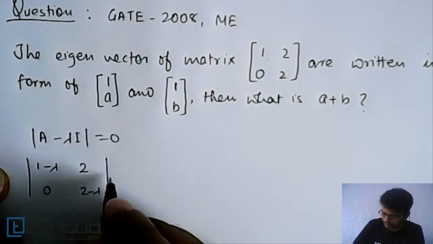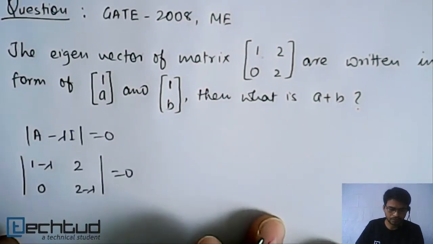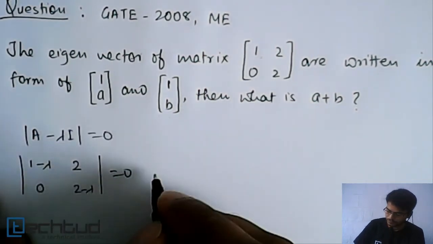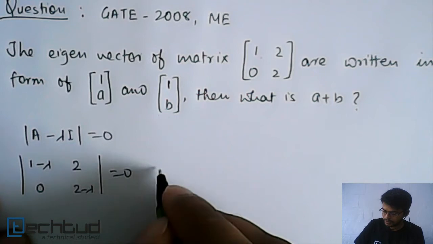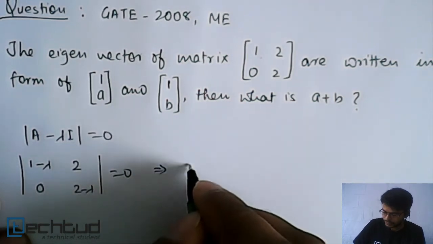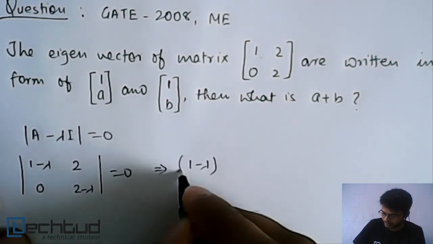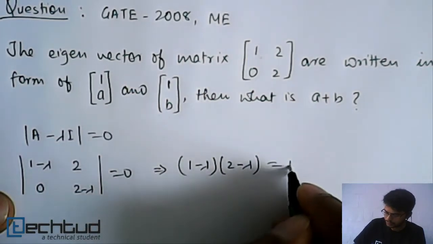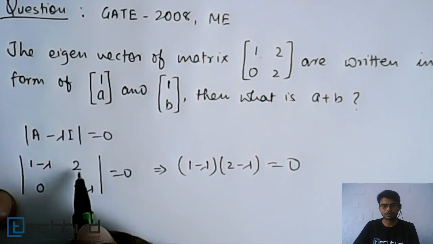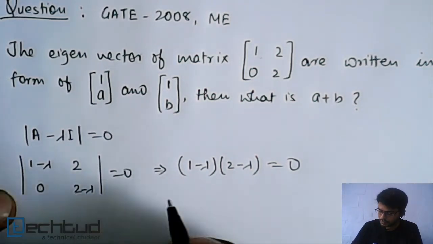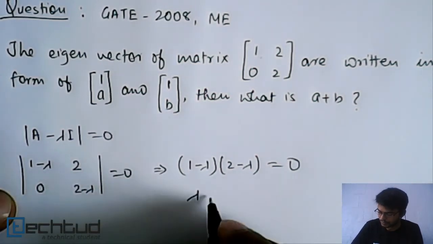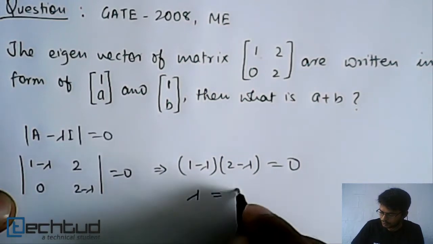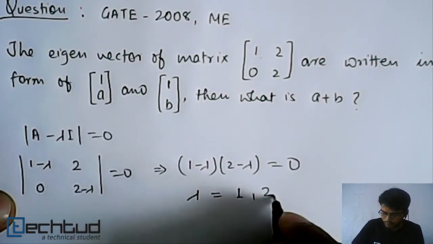This determinant should be equal to 0, so it will become 1 minus lambda into 2 minus lambda is equal to 0, because this is 0. Now we have two values of lambda, lambda equal to 1 and 2.